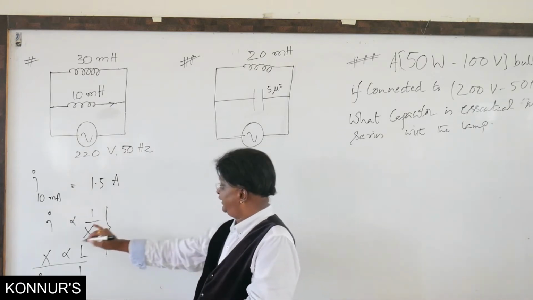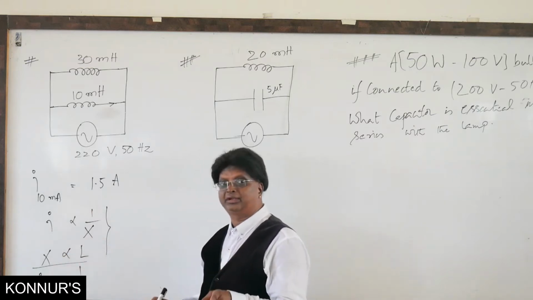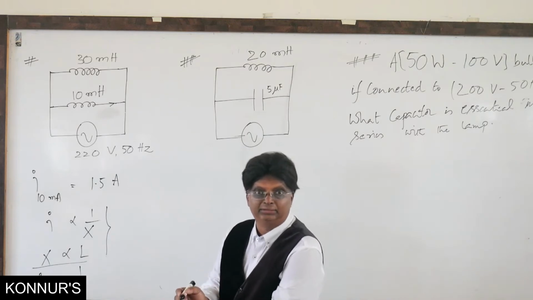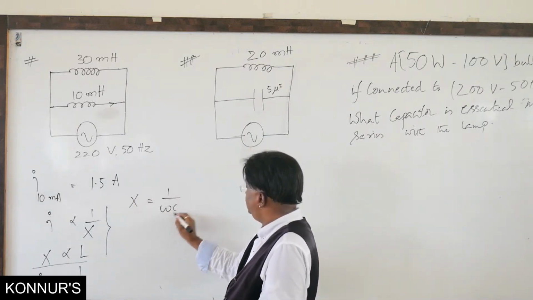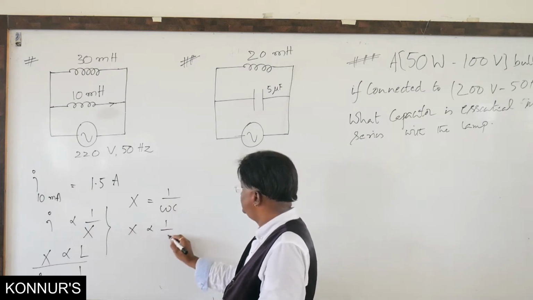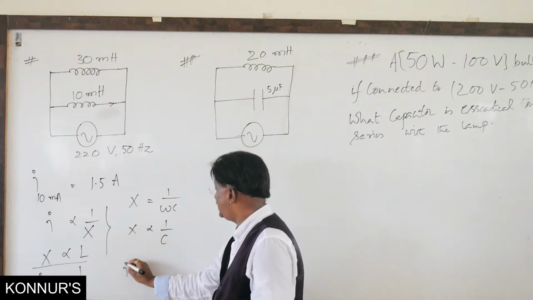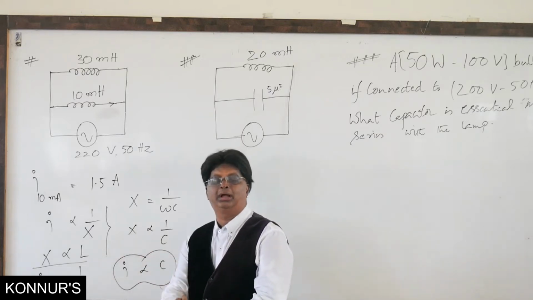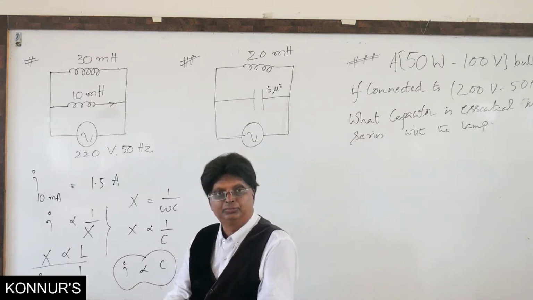We know that I is proportional to 1 by X, and X is proportional to L in the case of an inductor, whereas for a capacitor X is equal to 1 upon omega C, so X is proportional to 1 by C. Therefore I is proportional to C, such that I1 by I2 is equal to C1 by C2.